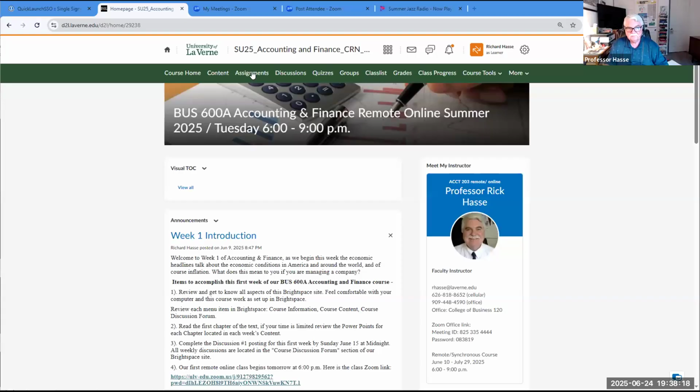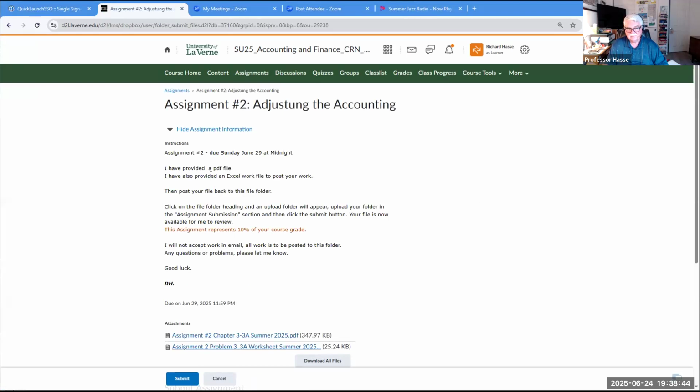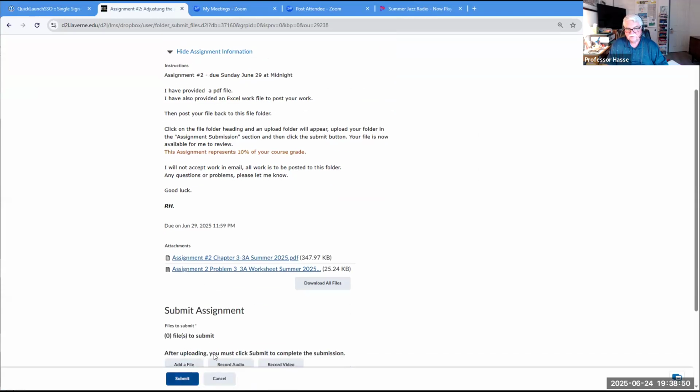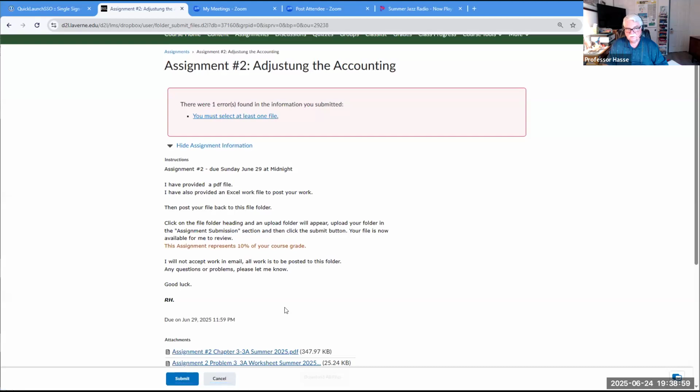If I go to assignments, you will now see assignment 2, adjusting the accounting. I give you the PDF of those problems taken out of the chapter, or you can use your textbook chapter as well. And here's the worksheet that you need to download and prepare your work on. Then when you're done, you upload that spreadsheet with your name on it to this folder, submit the file, and we're off and going.